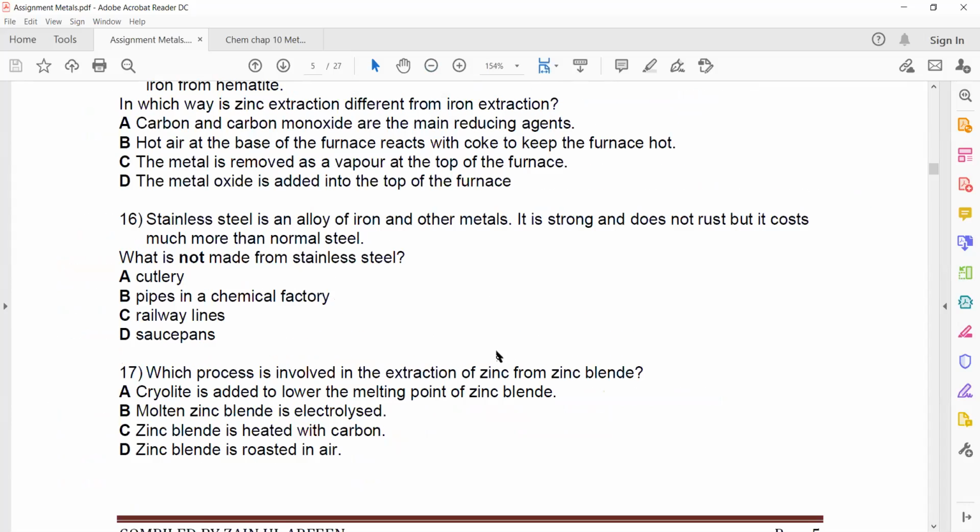Question 16. The question is, what is not made?